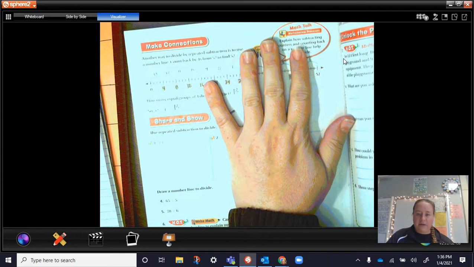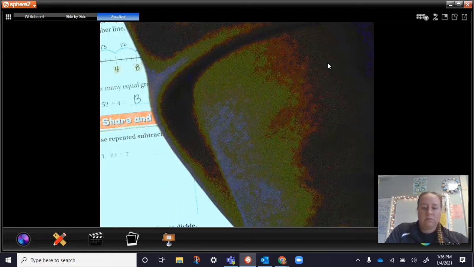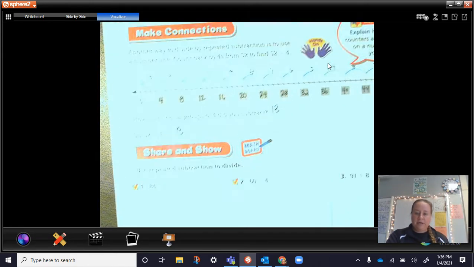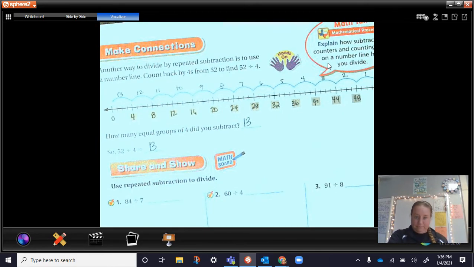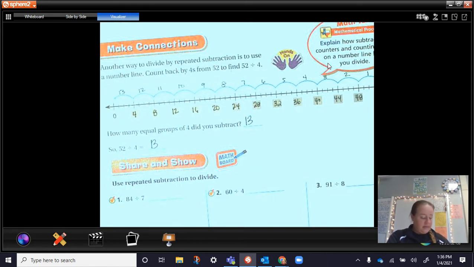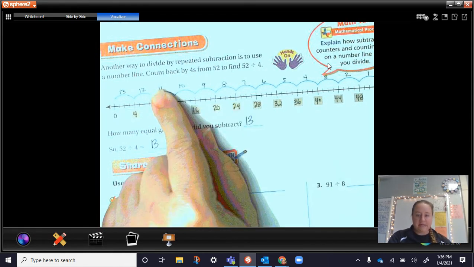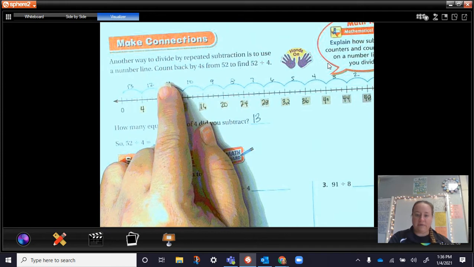And so up at the top here, let me zoom in, see a little better. All right, so up at the top here, it says another way to divide by repeated subtraction is to use a number line.